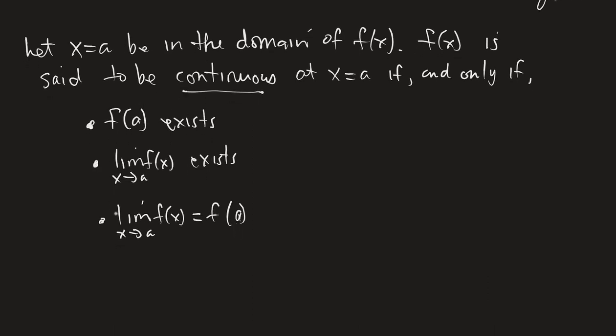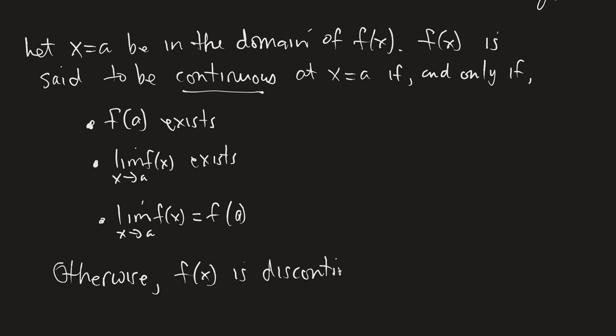And if any of these things fail, and I indicated how they can fail in those initial sketches, the ones where sometimes one of these things didn't exist or they weren't equal, but if at least one of these things fails to be true, then the function is said to be discontinuous at x equals a. So I could say otherwise, in all other cases, f of x is discontinuous or not continuous.